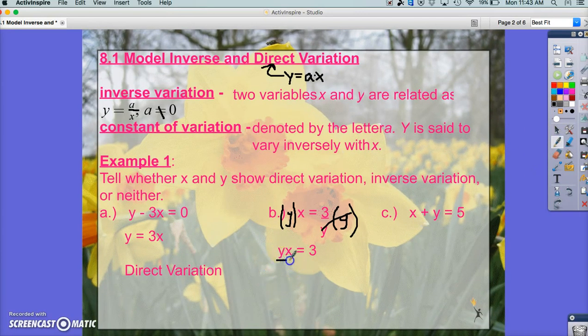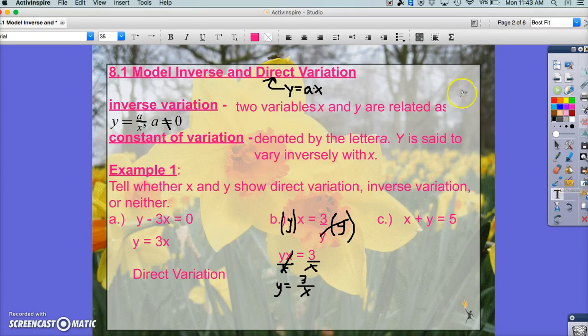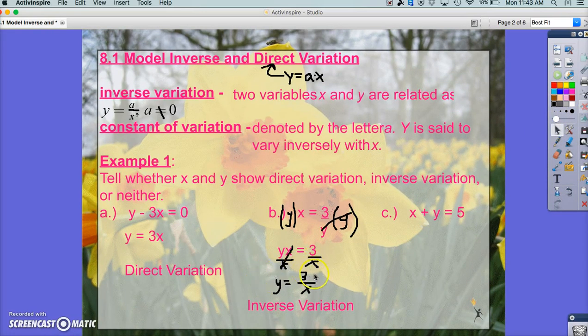So in the next step, I want to divide by x because it's y times x, right? And they cancel out. So my final answer for rearranging it is y equals 3 over x. Now, is it a direct variation, inverse, or neither? Hopefully you see that it's inverse variation because of the fact that it's 3 divided by x.